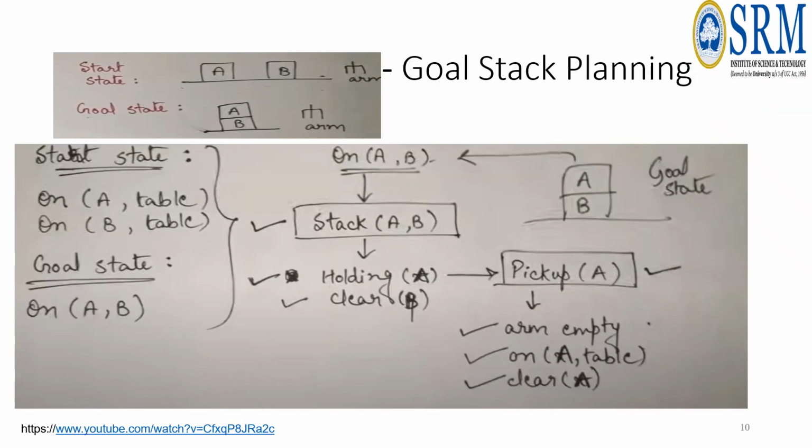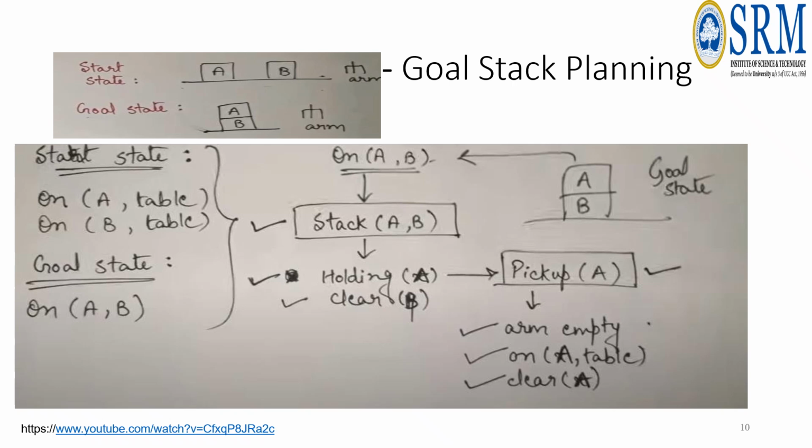Now we go with another good example. Initially, in the start state, A and B are on the surface of the table, and the robotic arm is there. Our ultimate goal is that A and B can be picked up one by one and placed in the particular goal state.